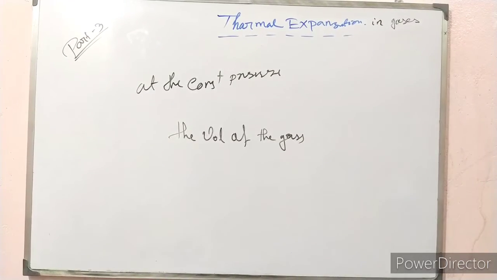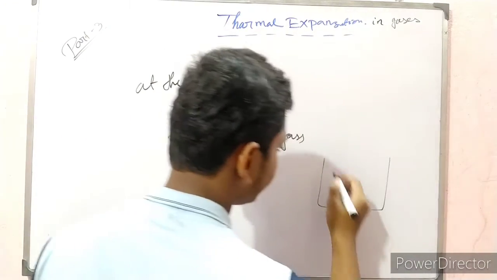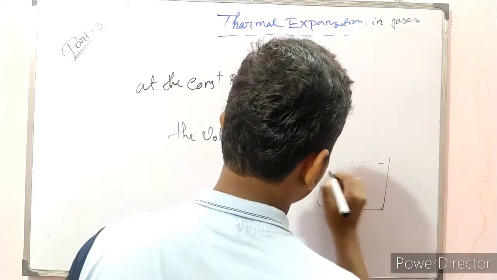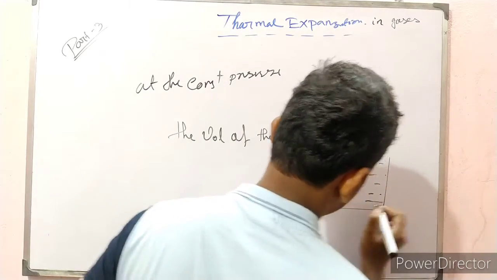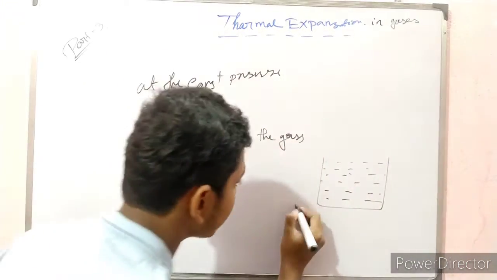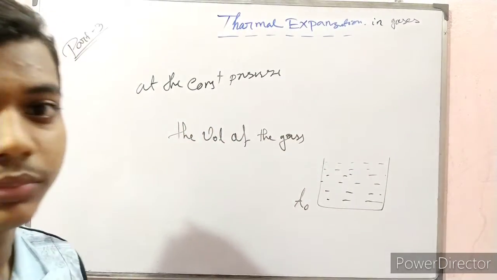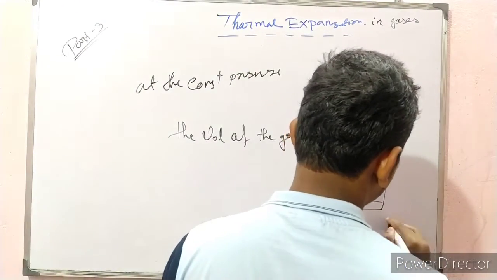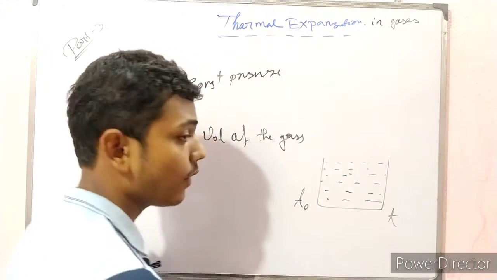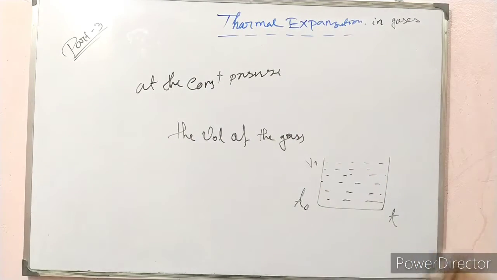Now I will take a beaker full of gases. At first the temperature of this is T naught, and then the temperature is T. At first the volume is V naught, and then the volume is Vt.